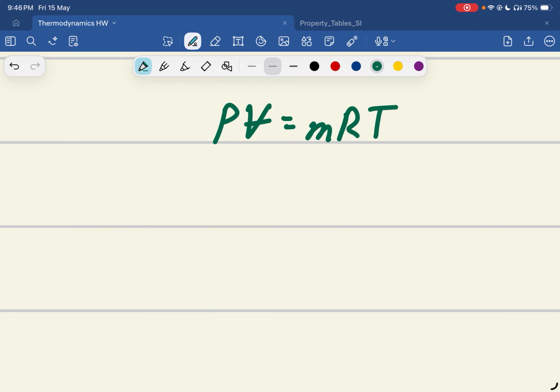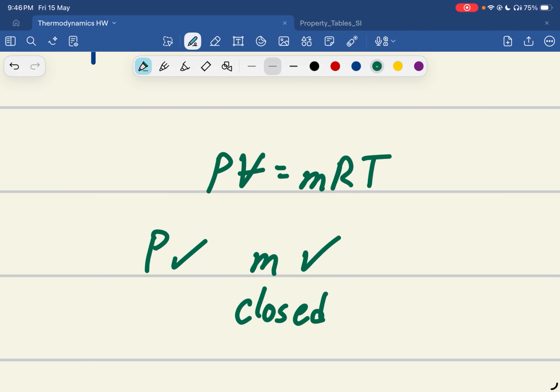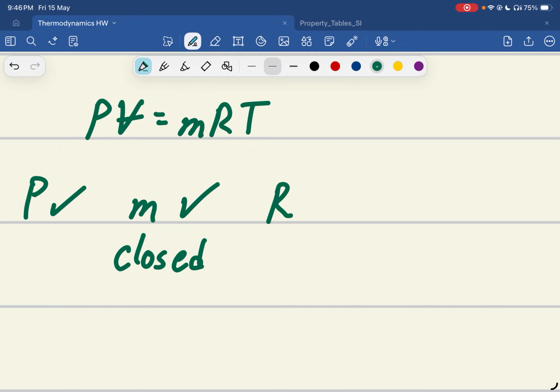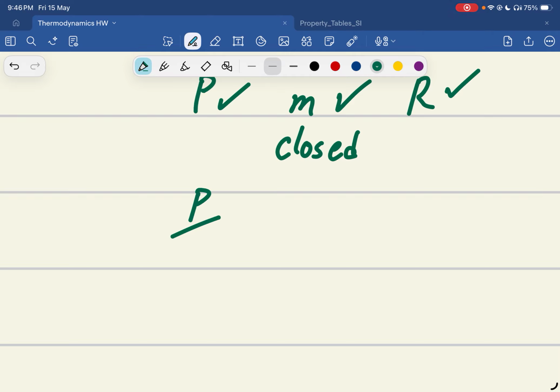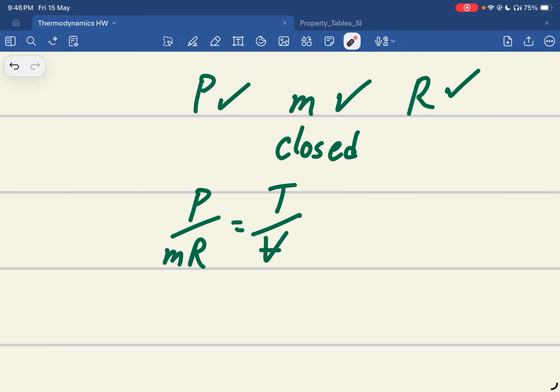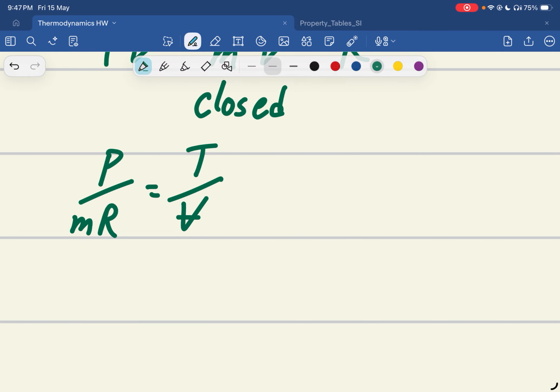Okay, we know that pressure is constant, and the mass is constant because it's a closed system, and R is constant because we're just using air, or R is always constant. So we can just move all of these to one side. We moved the volume here and mR over here. So since these are constants, we can say that T1 over V1 equals T2 over V2.